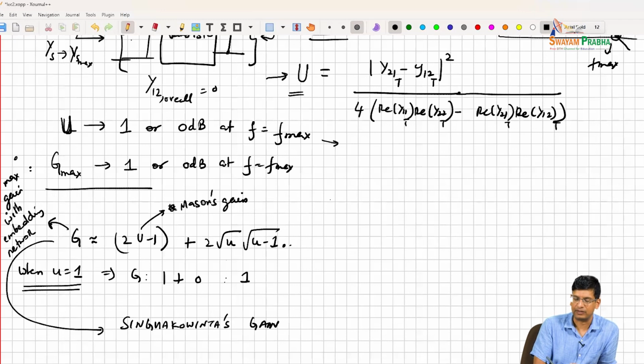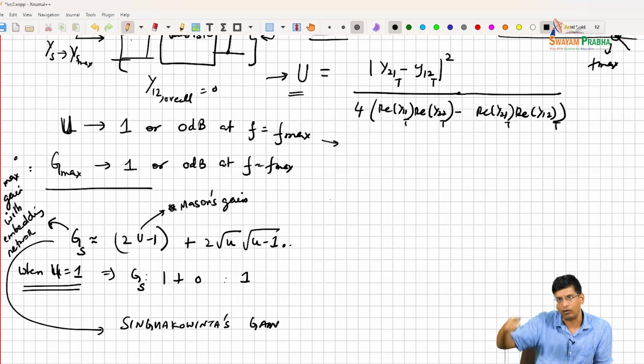But you can see that if there is some point when u is 1, g also becomes 1. So the point at which u is equal to 1 and g is equal to 1, let's call this gs, so gs is also 1. So even that curve crosses the 0 dB axis at the same point.